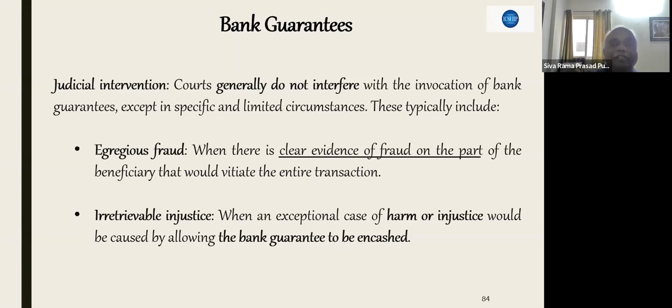Then only I will listen. Irretrievable injustice: in an exceptional case, where harm or injustice would be caused by allowing the bank guarantee to be encashed, in that case I will listen. Only judicial intervention I will listen to. Otherwise, the banks will not.